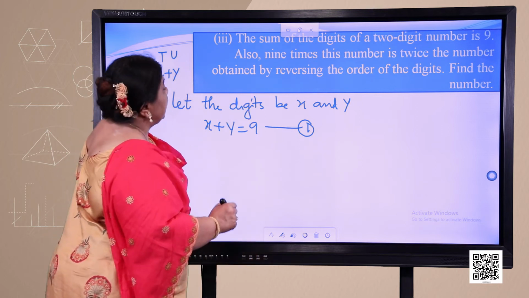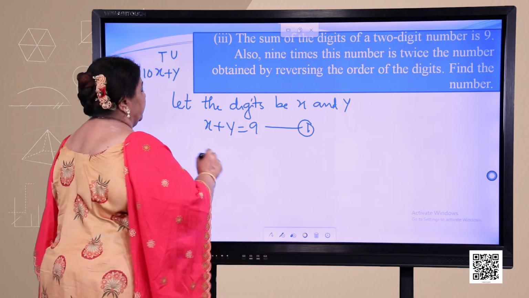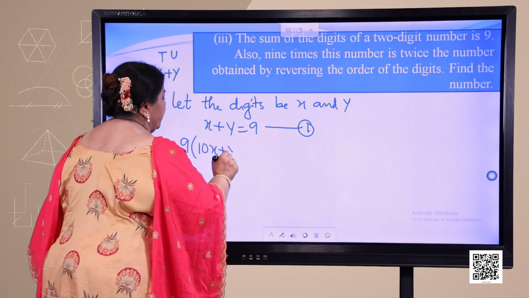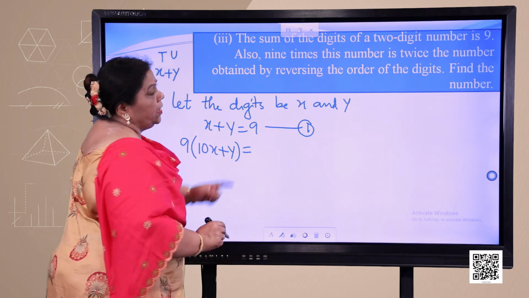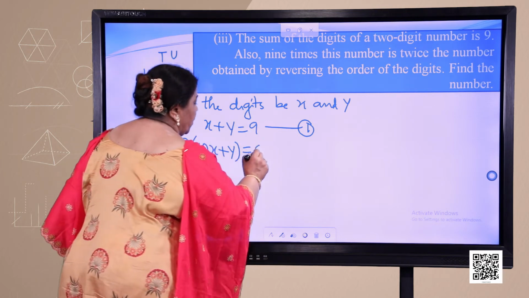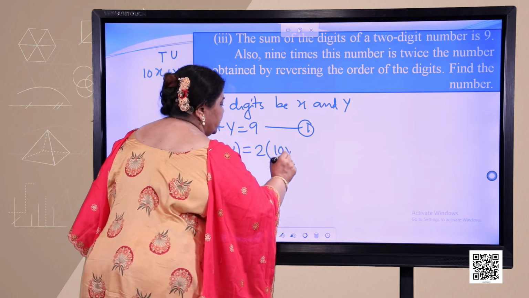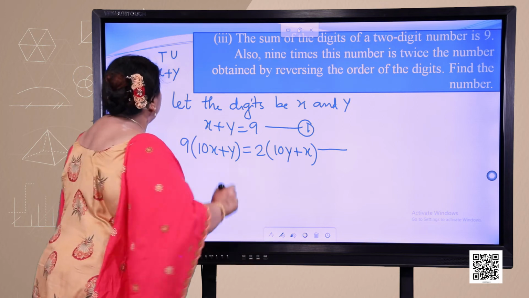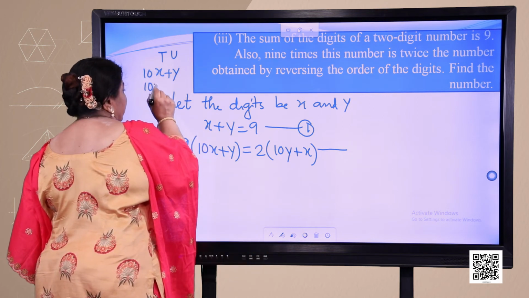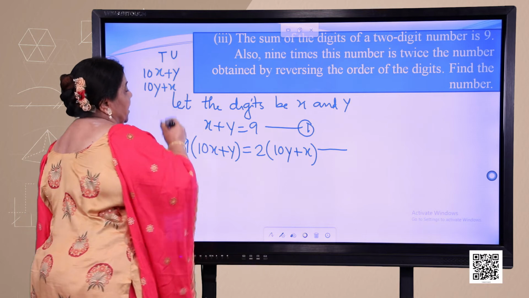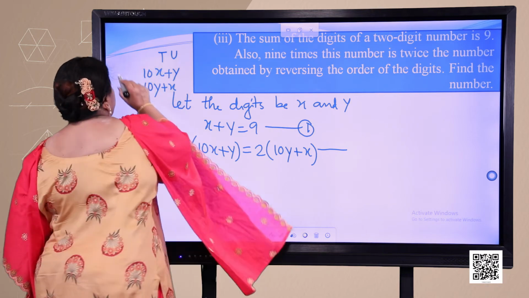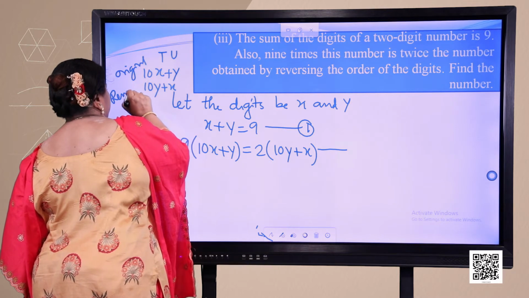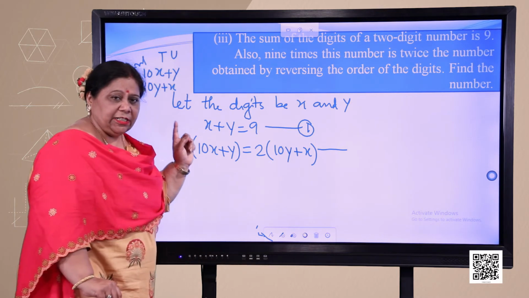The condition is 9 times this number, 10x plus y, is equal to twice the number obtained by reversing the order of the digits. Just observe this, we reverse the order. Reverse the order means y will take the position of x and x will take the position of y. This is our original number and this is our reverse number. I hope the condition is clear.